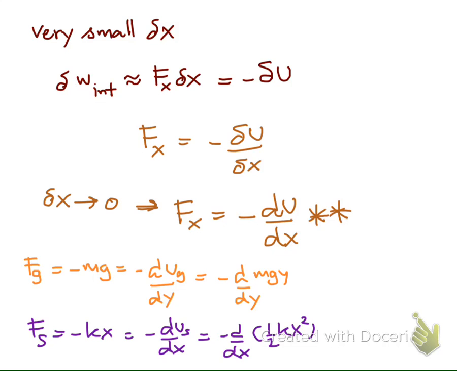If you perform the derivative here, you can see that d by dx of one half kx squared is equal to kx, so the force is minus kx. So we have the relation between the potential energy and the conservative force.